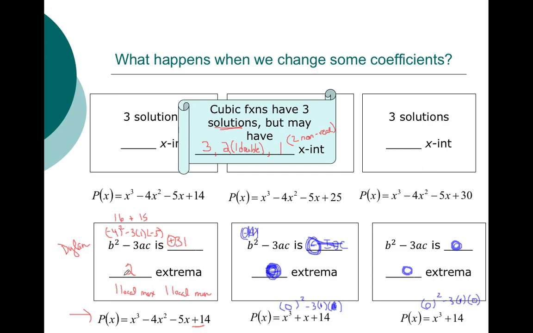So when our Dilation value, our b squared minus 3ac, is positive, I've got two distinct extrema. One local max, one local min. But here I've got a negative and I've got a 0, and both of those are 0 extrema.